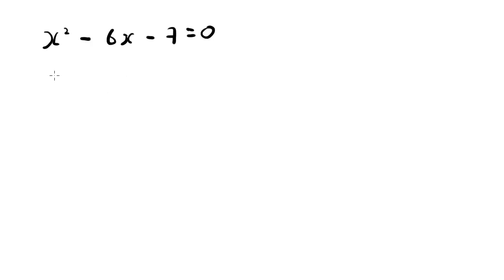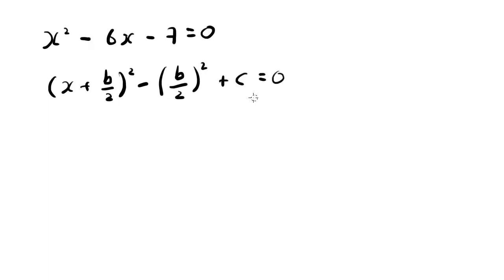Okay, and remember our formula for completing the square is x plus b over 2 squared, minus b over 2 squared, plus our c on the end. So let's just have a look here and compare. So our b is minus 6 and our c is minus 7. So you've got to be quite careful with signs when you're doing this. Now let's complete the square.